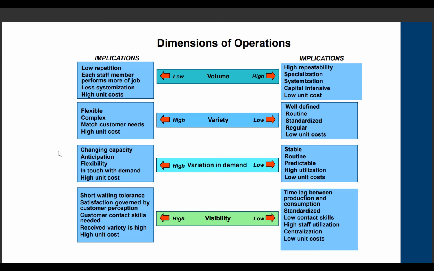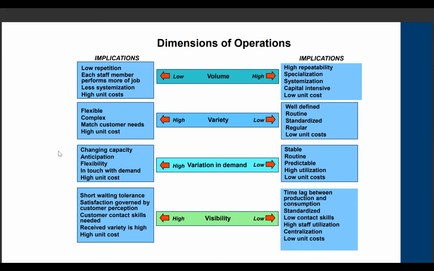The customer doesn't know how long it will take for this production to end when the visibility is low. And it's standardized, low contact skills, high staff utilization, centralization, low unit cost. When the visibility is low, it's easy to make it centralized in a factory with low unit cost and centralized making.